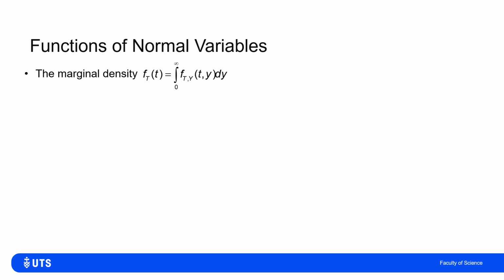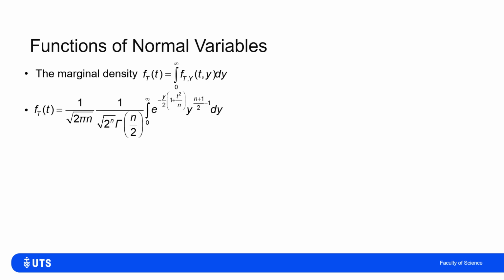So I need to integrate out over y. Now y, I know, is a chi-squared variable, so only takes non-negative values. So I need to integrate out over 0 to infinity. Well, the first thing I can do, I can pull all of the terms that don't depend on y out the front. And in fact, in this case, they're all constants.